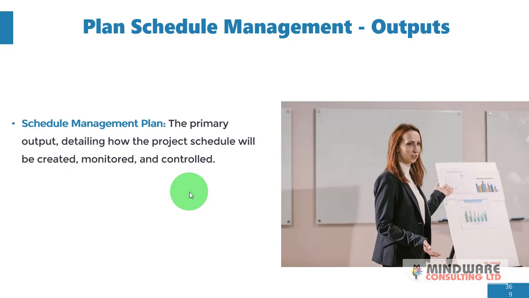So everything you're going to be doing throughout the project is going to emanate from here, because this is the basis, this is the foundation. Planning is the bedrock from which every other thing is going to happen.